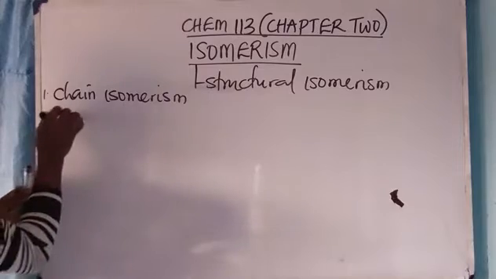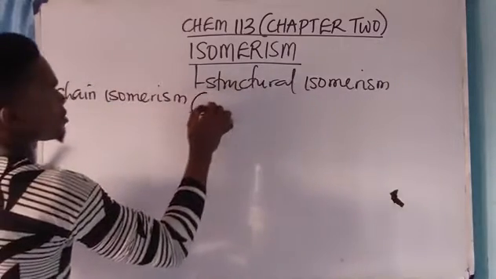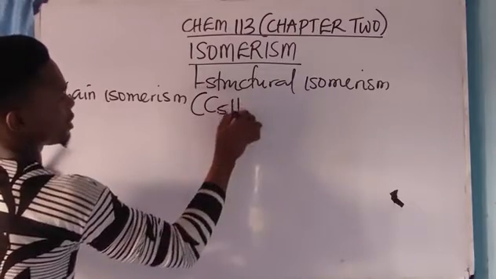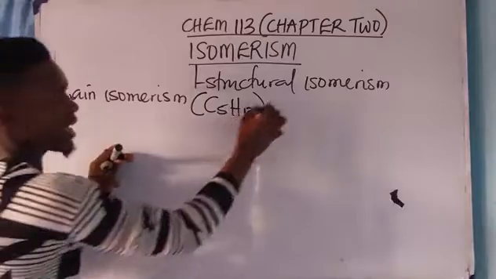Let's take for instance pentane. Pentane is C5H12. Pentane has three isomers.